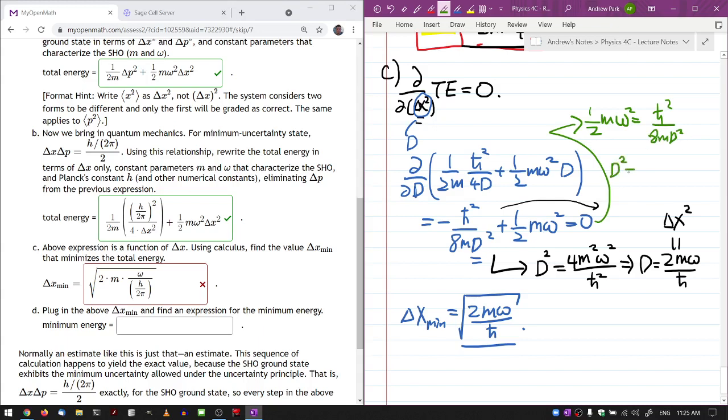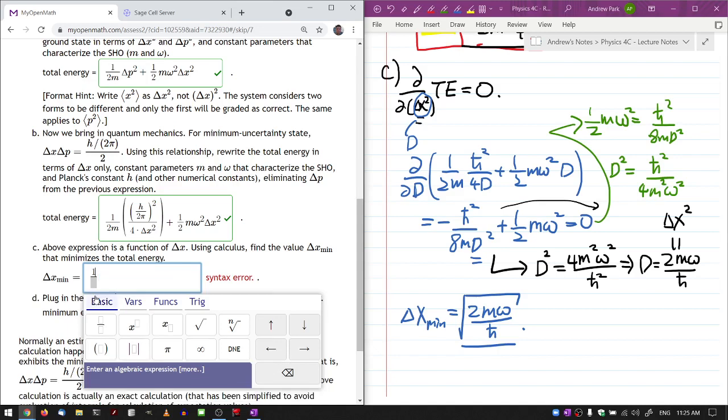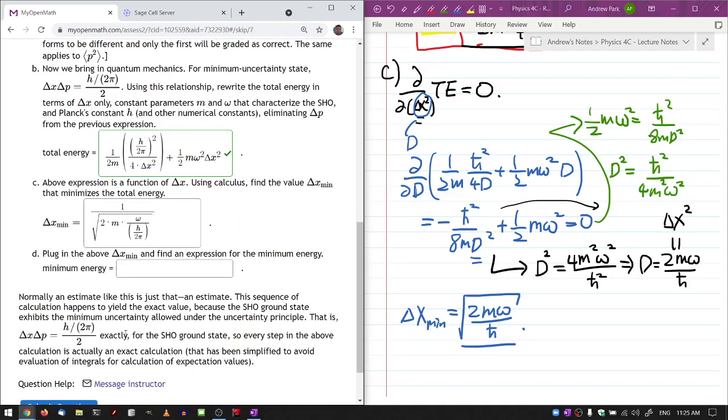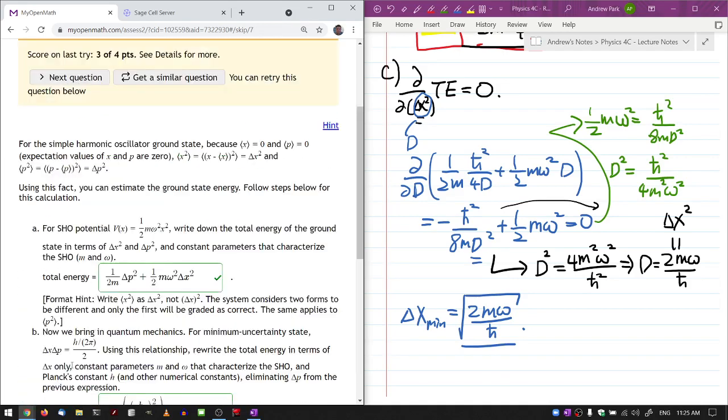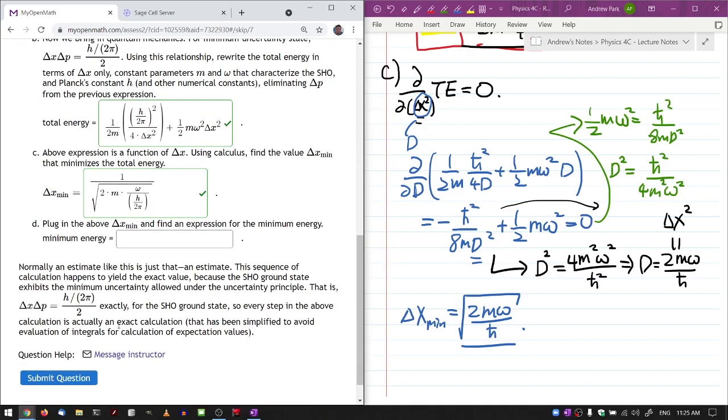So it should be D squared is equal to, goes over here, the rest moves over here, h bar squared over 2 over 8 m squared omega squared. So it's the exact reciprocal of this. Okay, 1 divided by. All right. Tedious algebra, the bane of shortcut takers. All right.